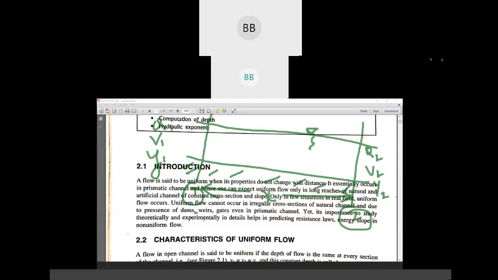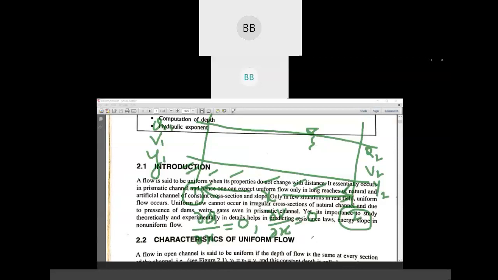The expression you can write: change in discharge with respect to change in distance is equal to 0. Or next, change in velocity with respect to space is equal to 0. That means we don't have any difference in velocity; the velocity we have measured in section 1 and section 2 is same.